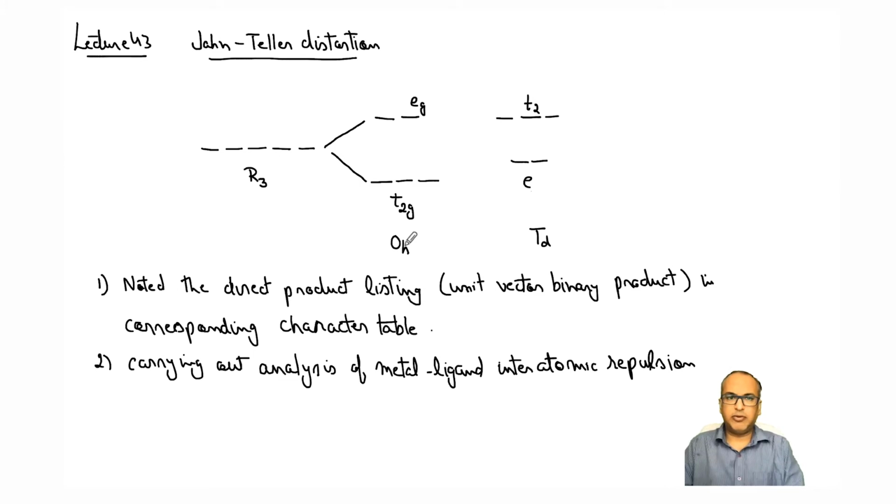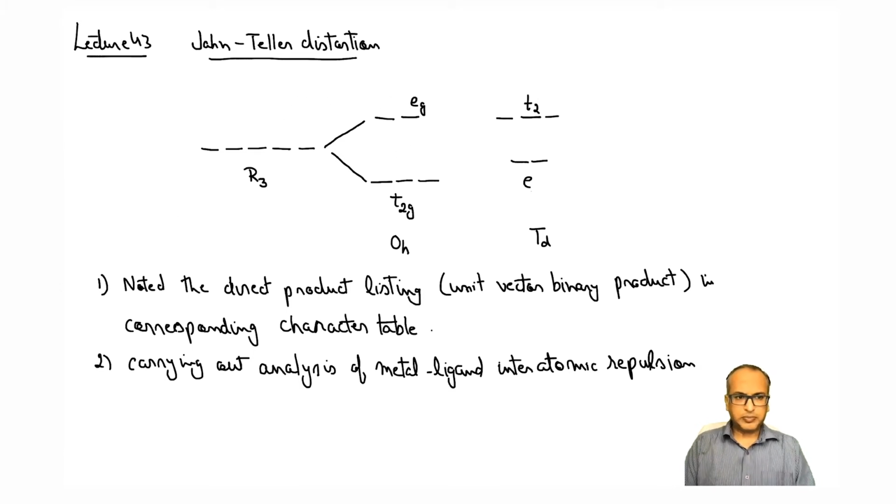So in case of Oh, we saw that the T2g is stabilized because of this interatomic repulsion between metal orbitals and the ligand orbitals, and Eg got destabilized. Similarly, in case of tetrahedral, we saw due to this repulsion, E is stabilized and T2 is destabilized.